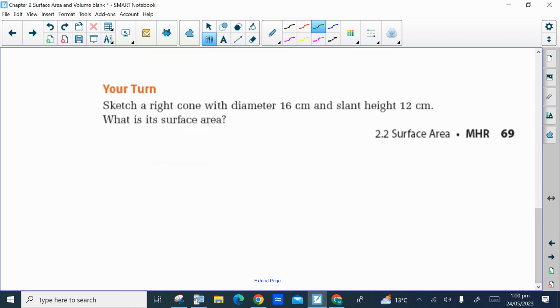This next one says sketch a right cone with a diameter of 16 centimeters and a slant height of 12 centimeters.